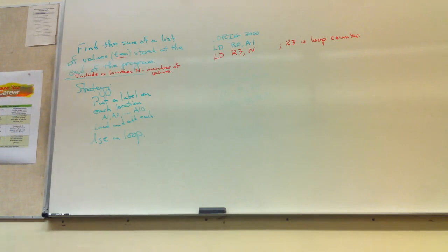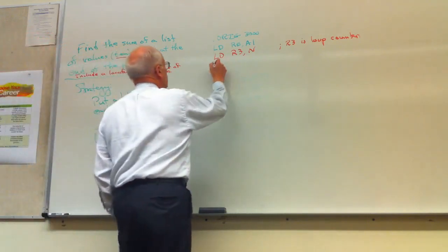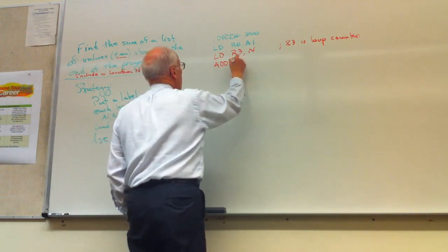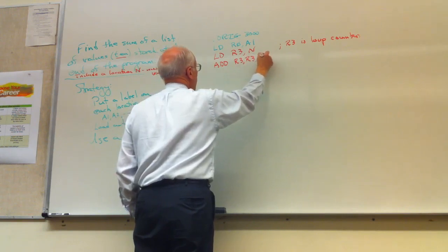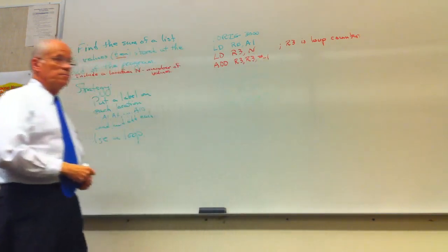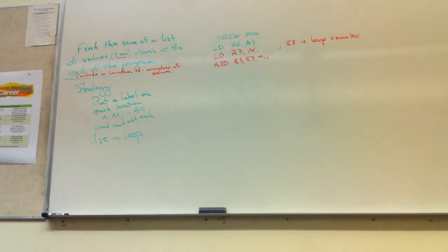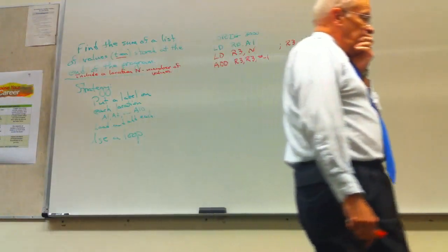Now, I've already done one of the values, so I actually need to subtract 1 from it. So it now says I have 9 more values to add.